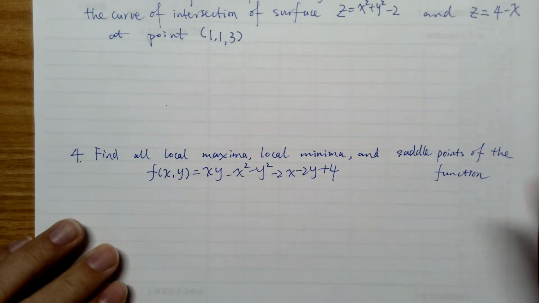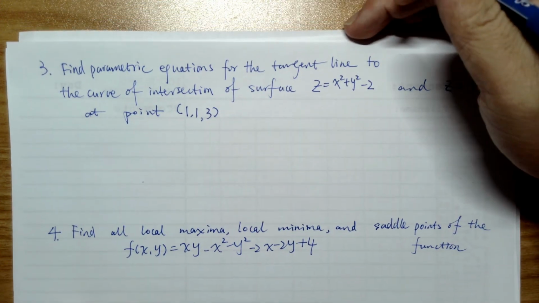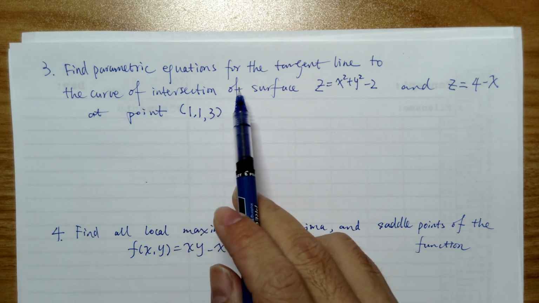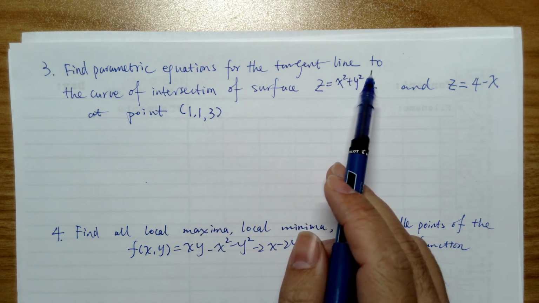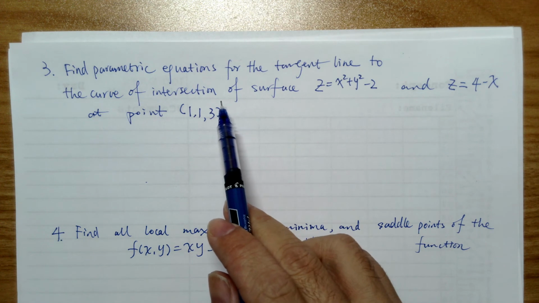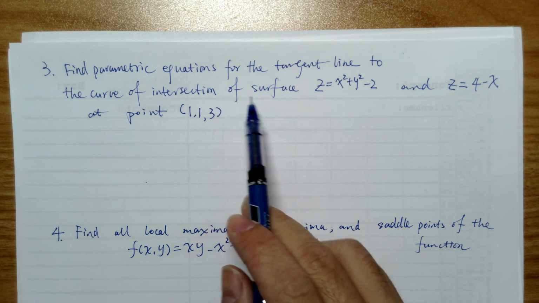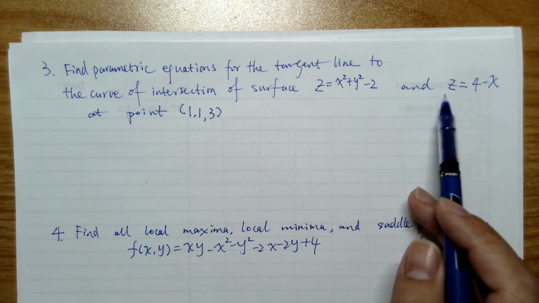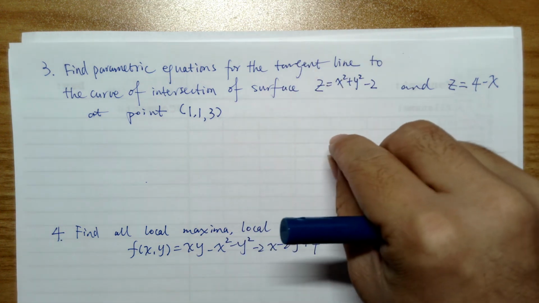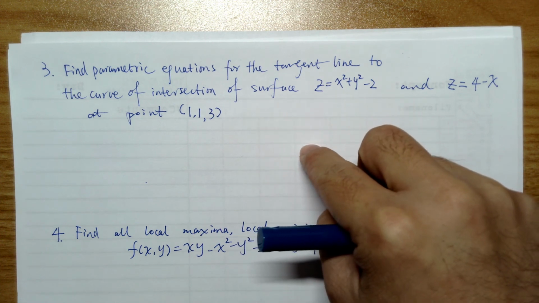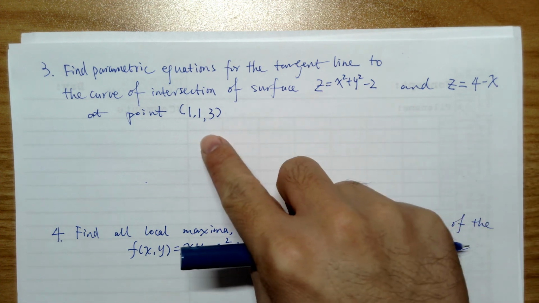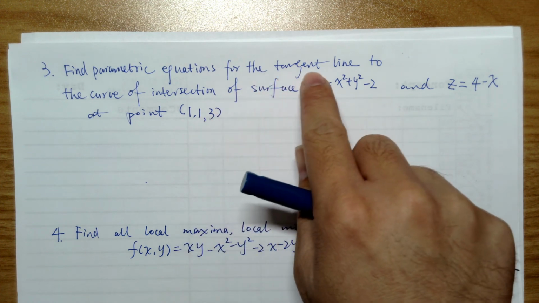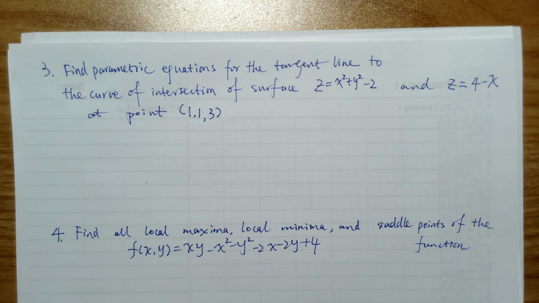And the next problem asks us to find the parametric equations for the tangent line to the curve of the intersection of two surfaces. Those two surfaces have some intersection, and on the curve where they intersect there's also a given point. So this problem asks us to figure out the equation of the tangent line.